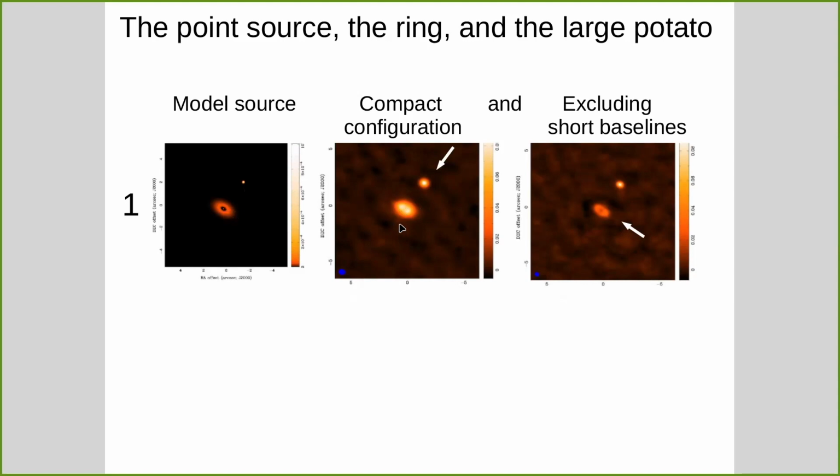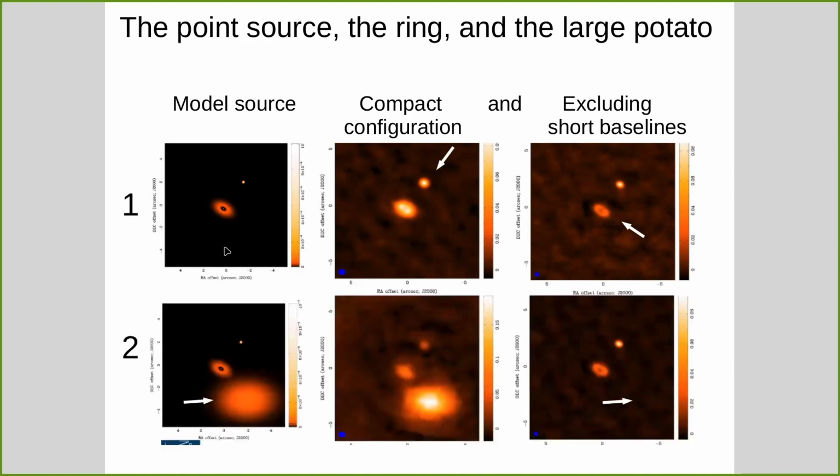But now if I take longer baselines, so here I take the same observations, but I cut all the short baselines and keep only the long baselines, you see that the resolution is getting a little bit better. And then I start to see the hole here. But the trick is, now I take the same source model, but I add a very extended source here.